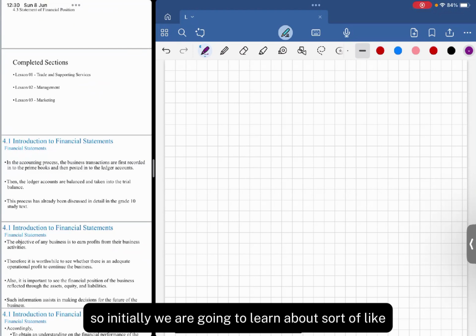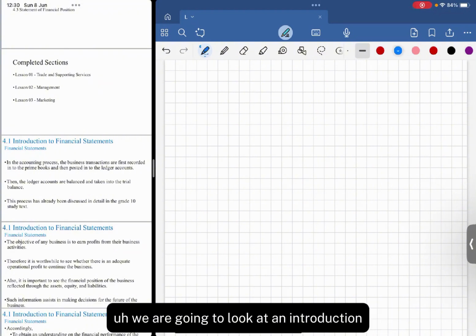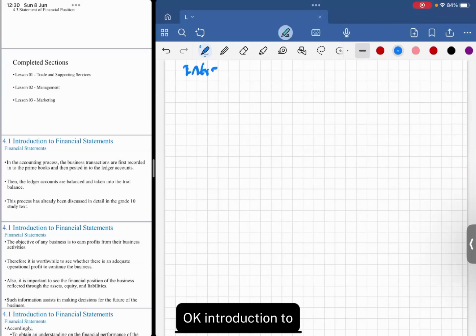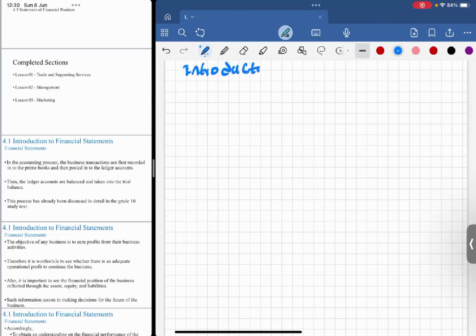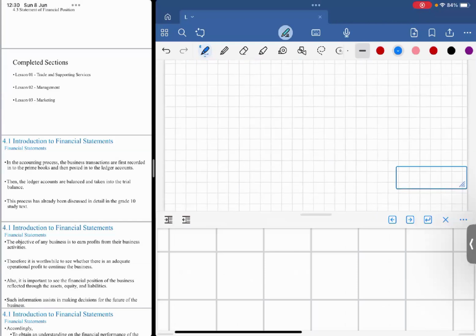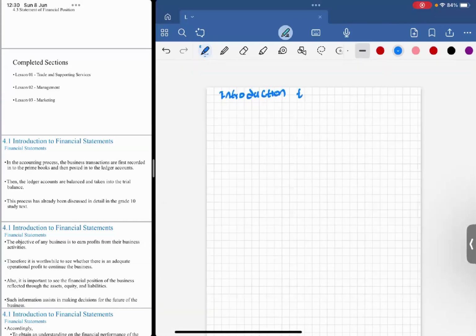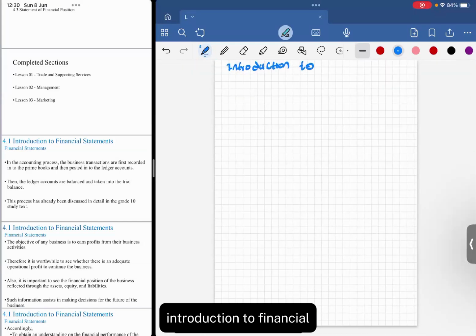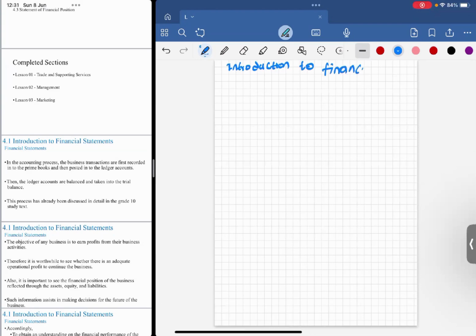Initially we are going to look at an introduction to financial statements.